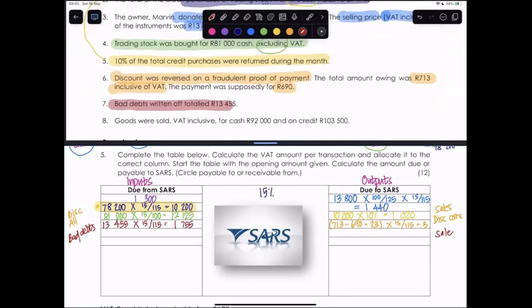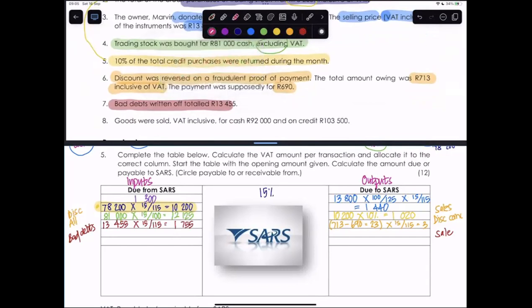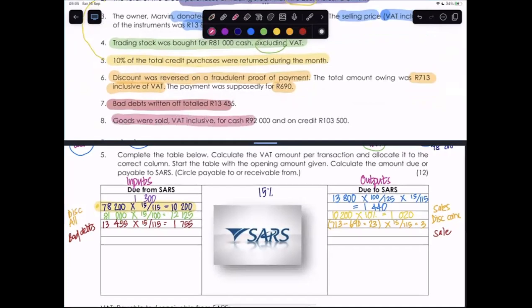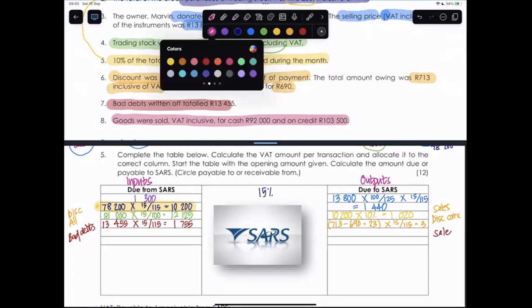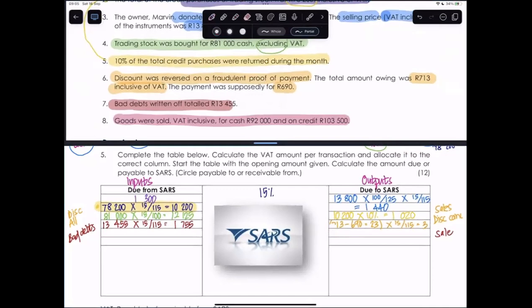And then the last transaction that we need to use is going to be the goods were sold. And there's VAT inclusive for cash 92,000 and on credit 103,500. So we've got two entries over here that we need to take into account. We can simply add them together, and it doesn't matter if you show them separately, that would also be fine, but it's easier to just add them together initially.